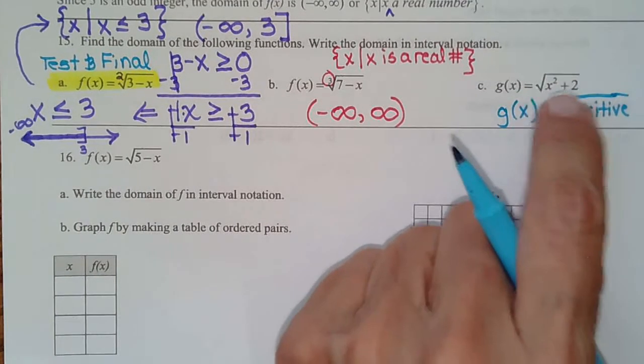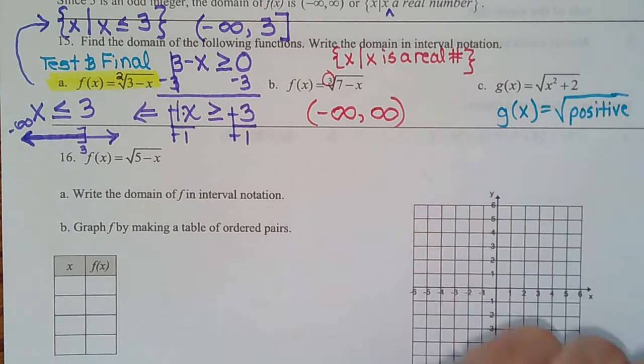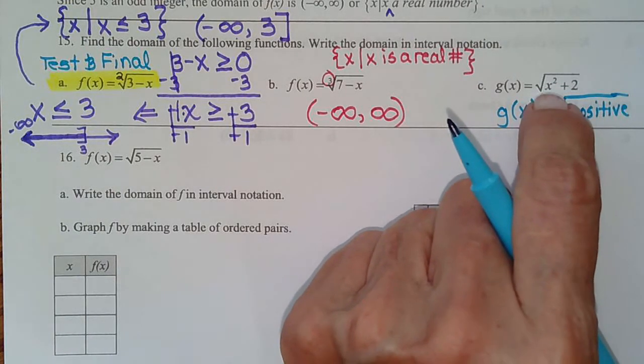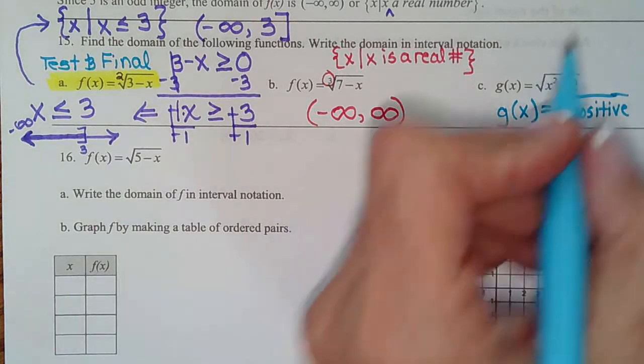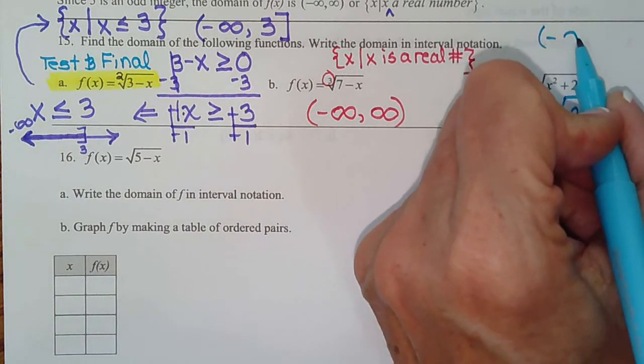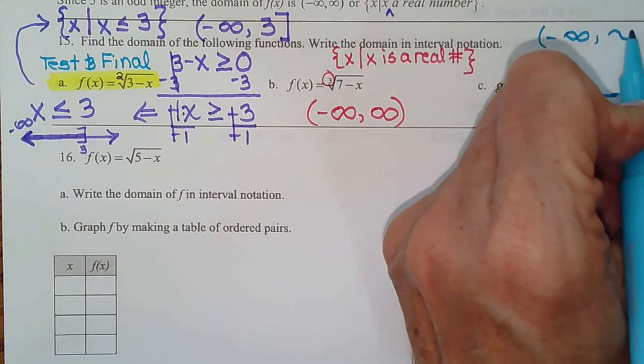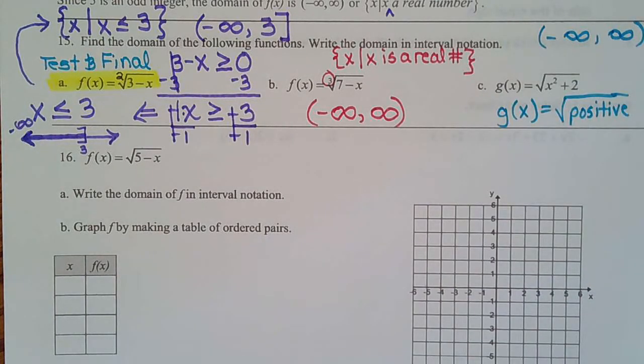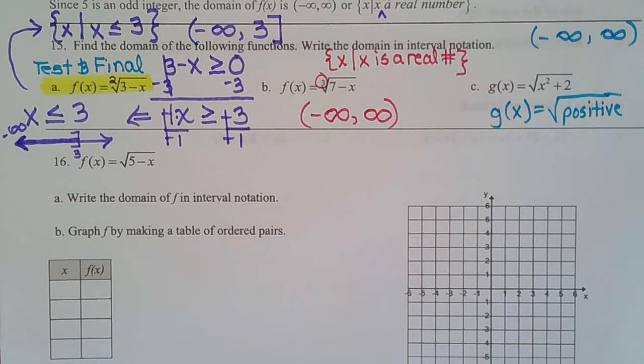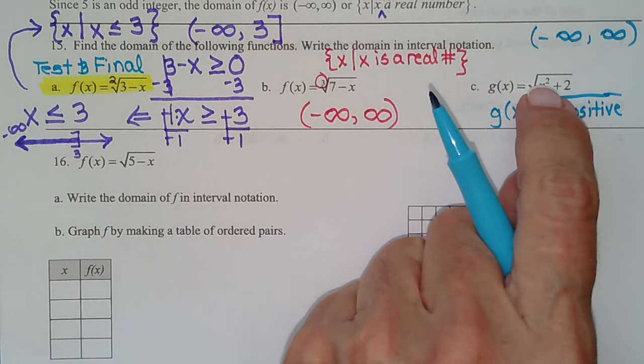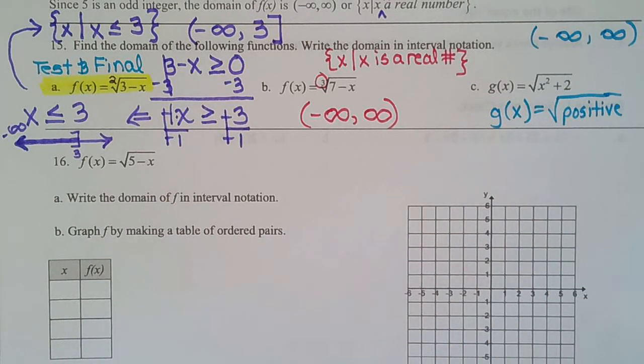So nothing we put in for x could make this negative, because anytime we square a number, it's positive, and we're adding it to a positive. So guess what? Even though it's an even index, because x is squared, we can put any x in we want. We can put negative 500 trillion in. When we square it, it's still going to be positive.